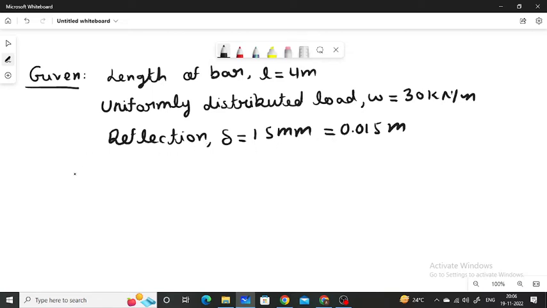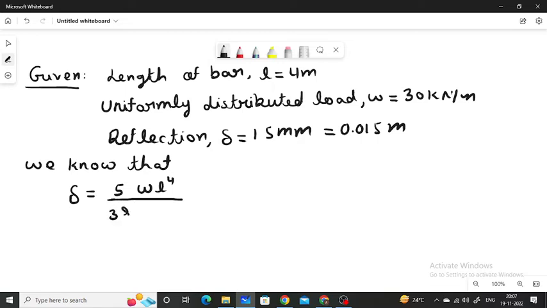As we know that maximum deflection for a simply supported beam having a uniformly distributed load at its whole span is equal to 5 WL to the power 4 divided by 384 EI.